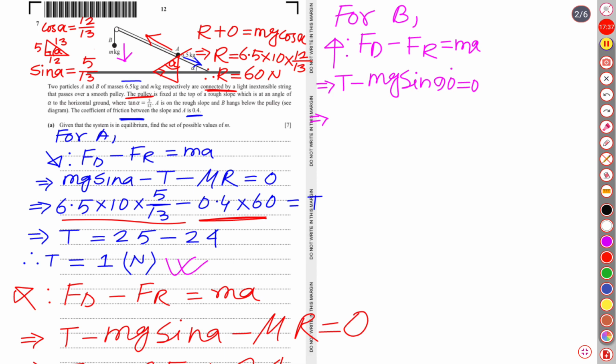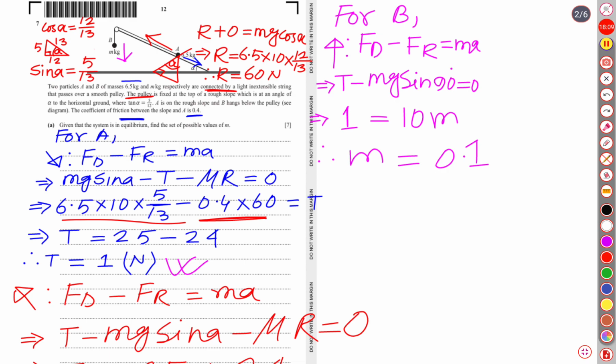So we are going to substitute 1 is equal to mass of particle B, m, times acceleration due to gravity 10, so this is 10m. Hence m is going to be 1 divided by 10, which is 0.1. So this is one of the possible masses of particle B.